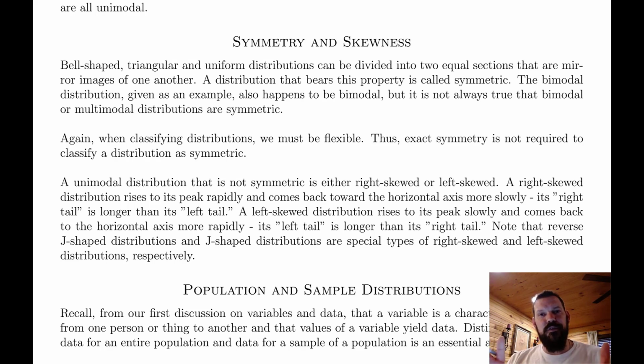Do they roughly reflect one another? And when I say roughly, I really do mean roughly. If they look similar, then you can say it's roughly symmetric. Otherwise, you're going to have a situation where it's skewed right or skewed left, like we saw in example 1, which was a right skewed graph.